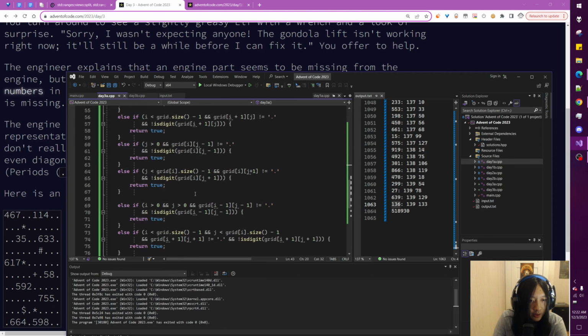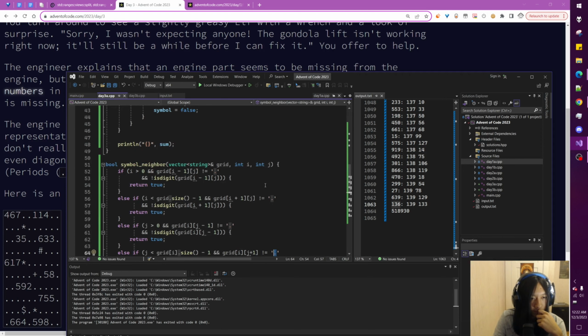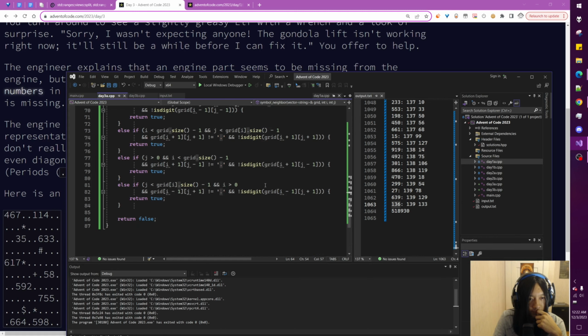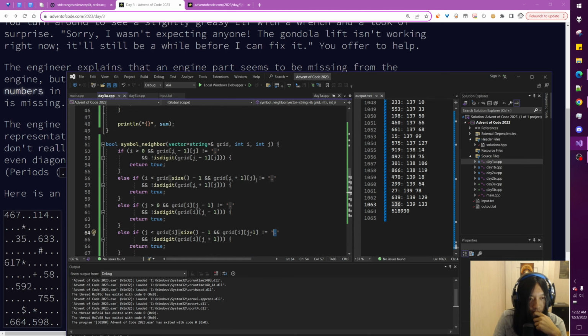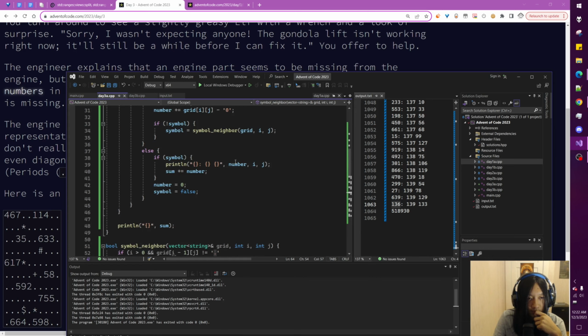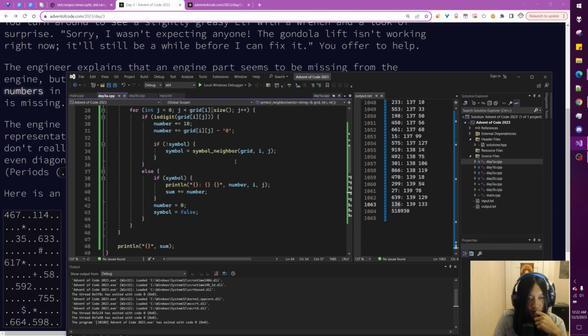Periods do not count as dots. Because it just occurred to me I could do something like this.